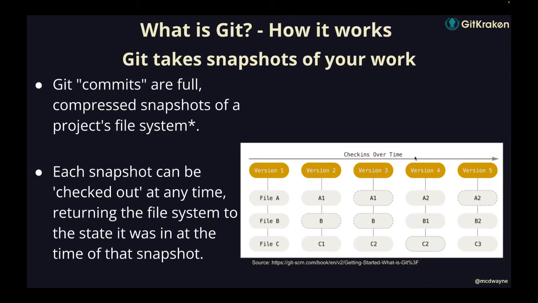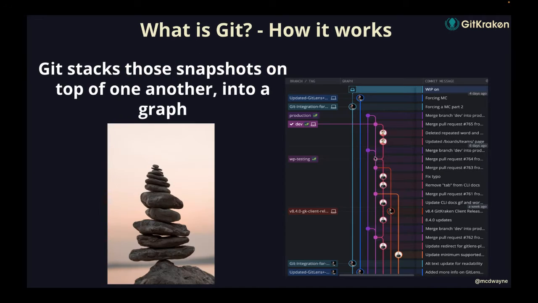We're not just storing diffs. We're not just storing the changes. We're taking full-on snapshots. The power of that is that we can always jump back in time and go back to those full snapshots and take a look at them and modify them and take code from them and do whatever we want. It's very efficient at what it does.